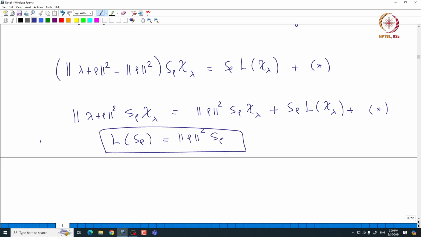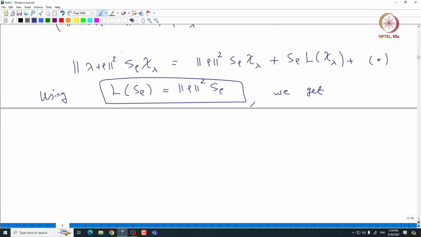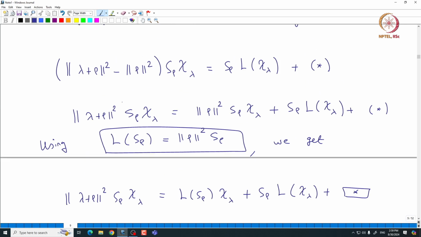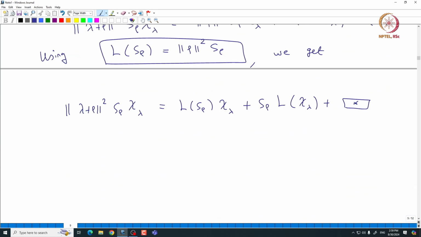Now using this we can replace the star again. The norm lambda plus rho square S rho chi lambda is exactly equal to L of S rho times chi lambda plus S rho times L of chi lambda, and the bigger expression, star. Now you can see that this looks very close to L of S rho chi lambda.